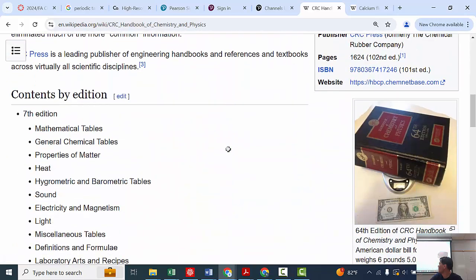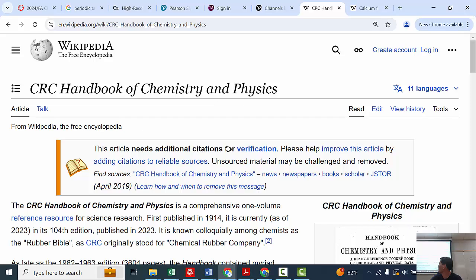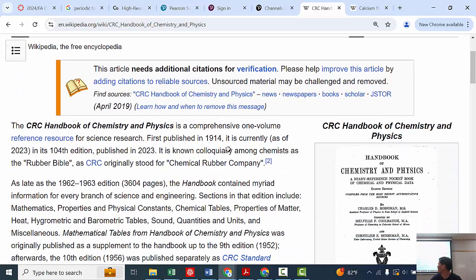This book is updated every year, so I don't know what edition we're at now. The 104th edition was 2023. So we're looking for the 105th edition. And this is updated every year because they want to make sure all the data is current and up to date.